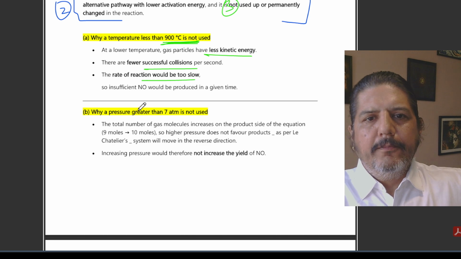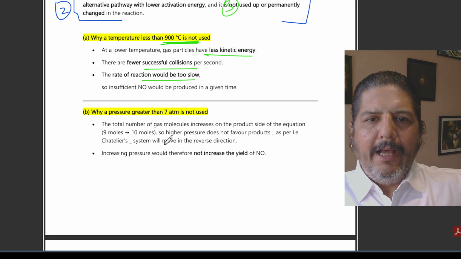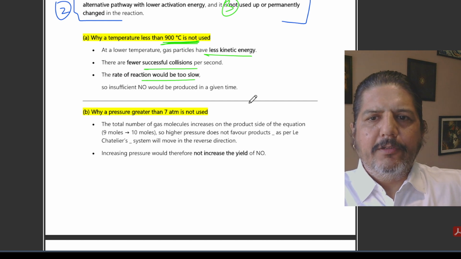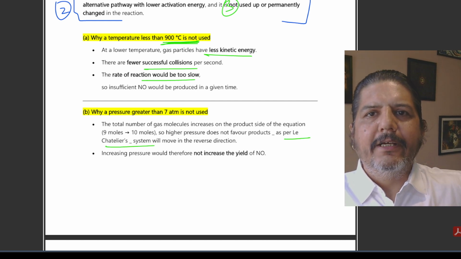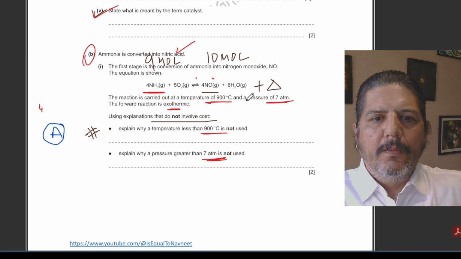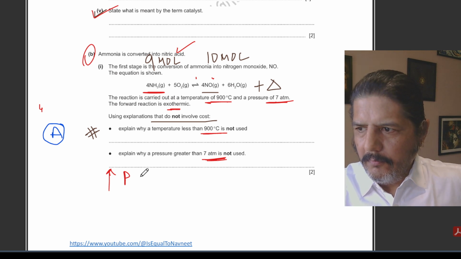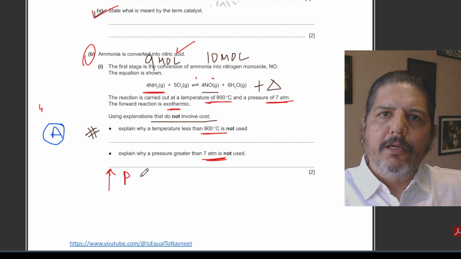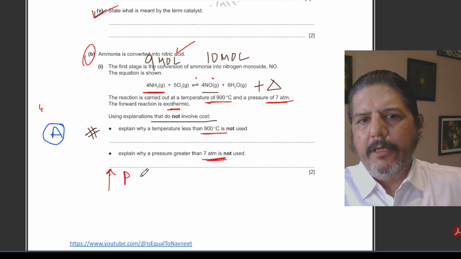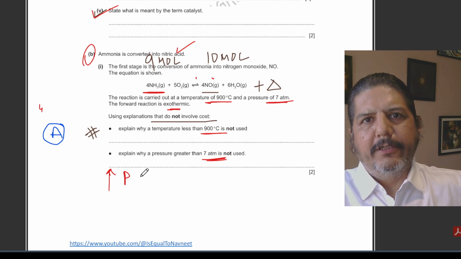Now, as per Le Chatelier, and that is what is mentioned here, if we increase the pressure, the system will try to shift in a direction where it will try to oppose this increase of pressure.